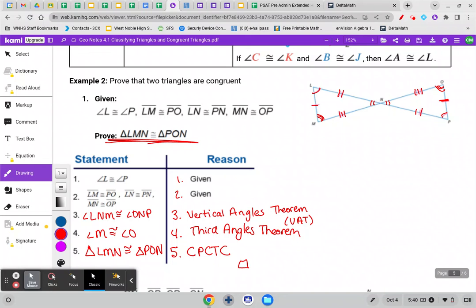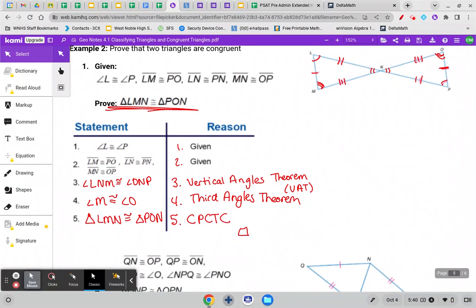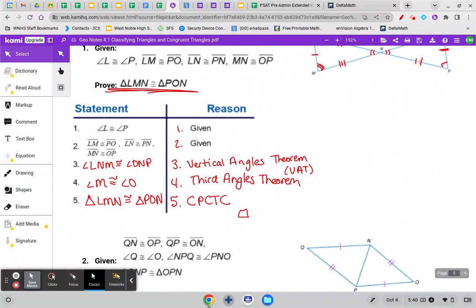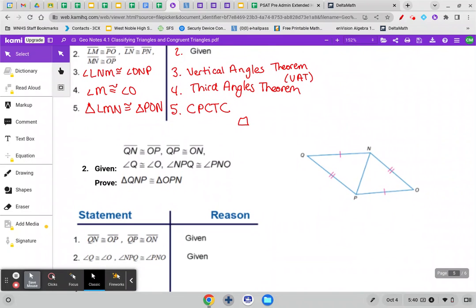And since we finished it, we proved what we set out to prove. I put a little box there to signify that I am done. Now, eventually CPCTC is going to mean a slightly different thing when we get a little further, but right now it's just stating that we have three pairs of congruent sides and three pairs of congruent angles. So because the corresponding parts are congruent, the triangles are congruent.